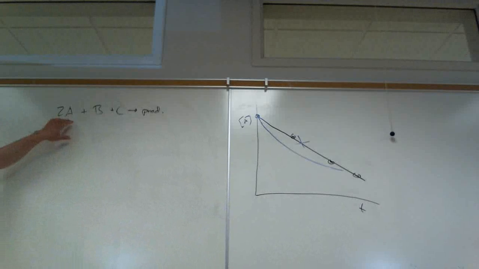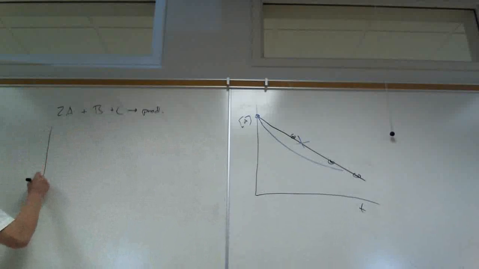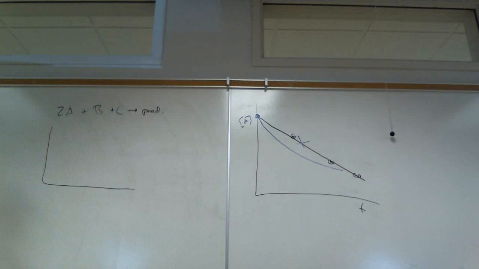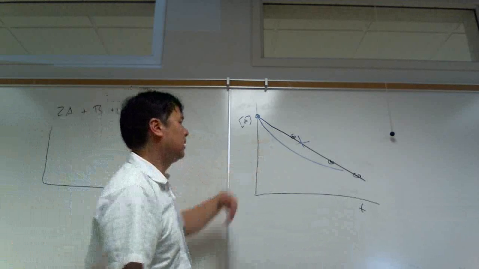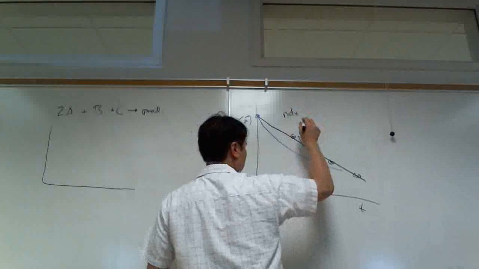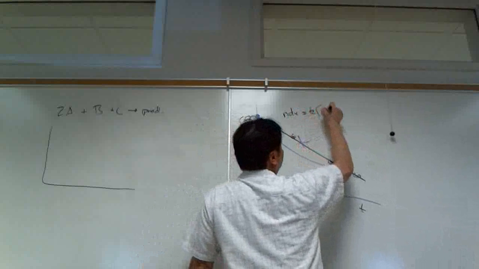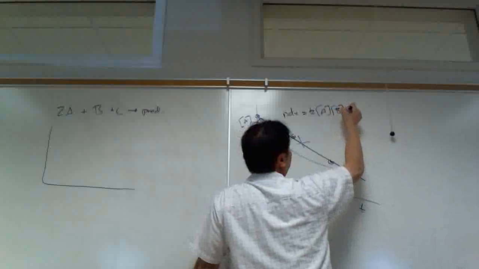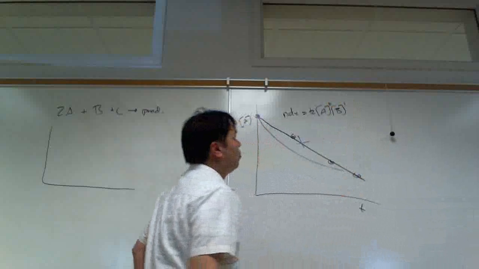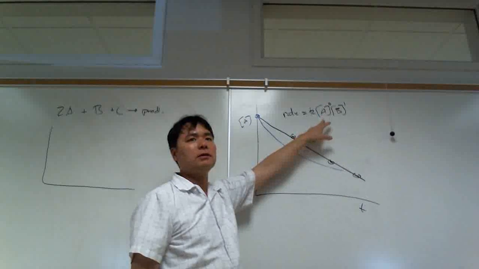And we want to figure out what is the order with respect to each of these, so that we can figure out what happens to the reaction. Interestingly, if we go back to this one, if the rate is equal to K, A to the 0, B to the first, what happens if I double the concentration of A?